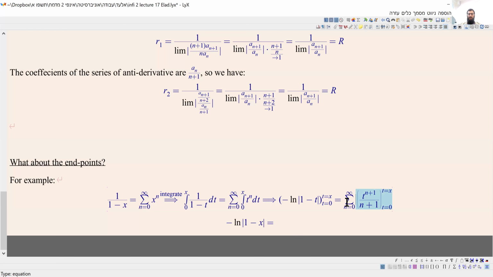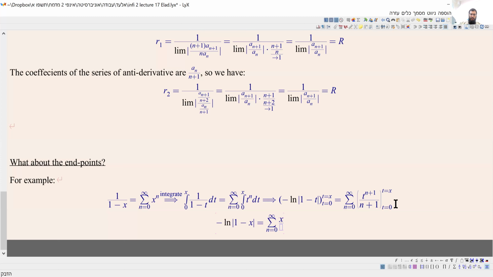And on the other hand, we get the series of x to the power of n plus 1 above n plus 1. When we put t is 0, everything is 0, so I don't write it down.